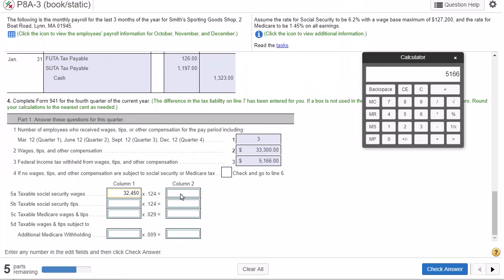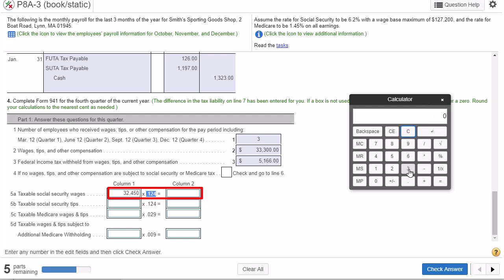Okay, column 2. What we're going to do in column 2 is take the $32,450 taxable for OASDI, and multiply it by 12.4%, also the decimal equivalent of 0.124. Now, why is it 12.4%? Well, we're calculating the employee portion, 6.2%, plus the employer portion, 6.2%, all at the same time.